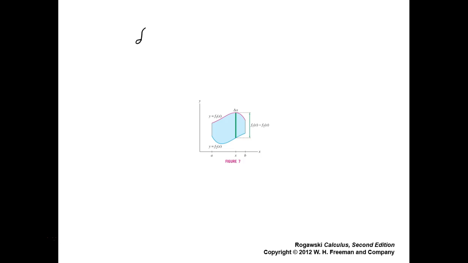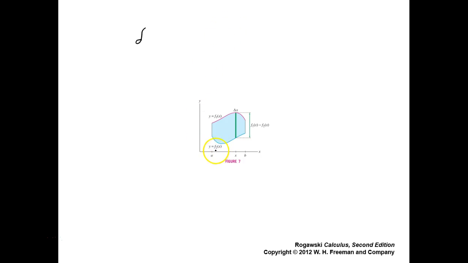To compute the moment with respect to the x-axis, M sub y, and again, I find this fairly obnoxious to do it this way, but they do. We begin as usual by dividing a to b into n subintervals, with the width delta x being b minus a divided by n. Just about like always.